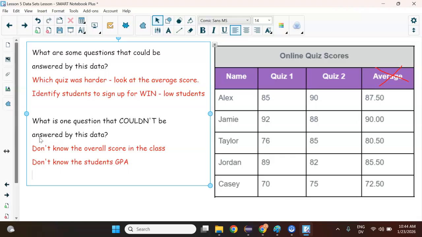And I don't even know if this would be enough to uniquely identify students, because we only have their first name, we don't even have their last name. So we really couldn't uniquely identify individual students, right?